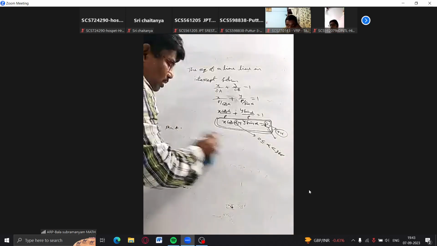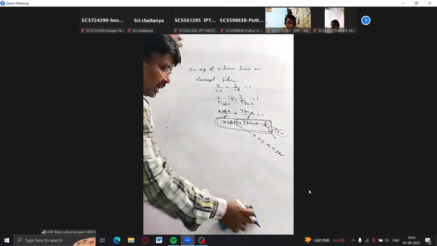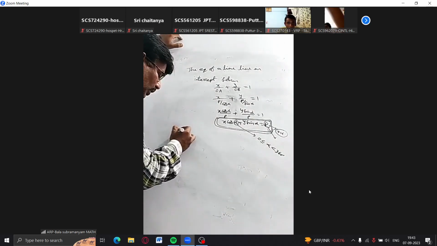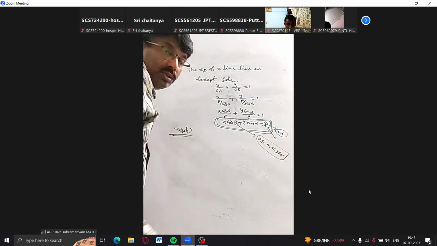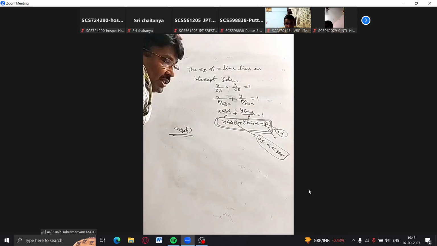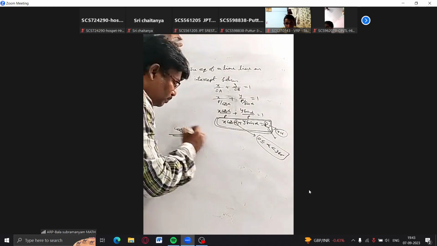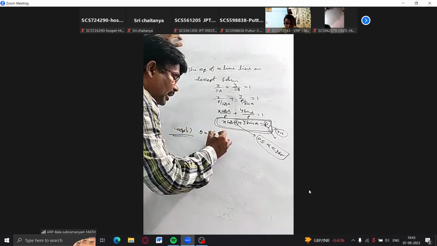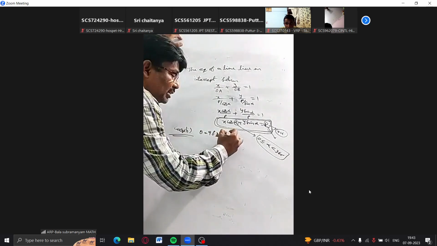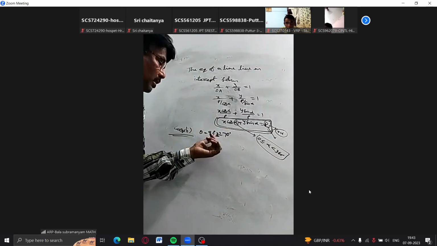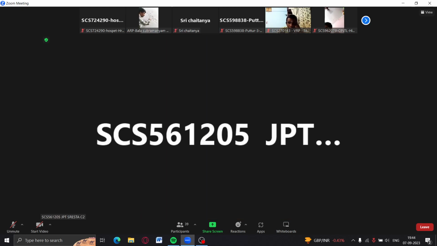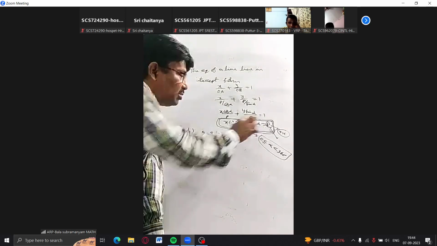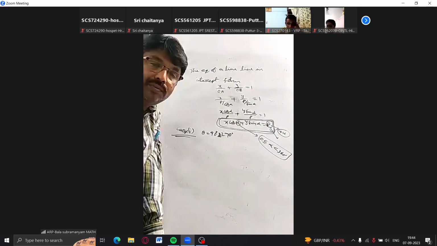Here two cases are there. Case 1: alpha satisfies 0 less than or equal to alpha less than 360, and alpha is equal to 90 degrees or 270 degrees. The value of cos 90 is 0, and the value of cos 270 is 0.